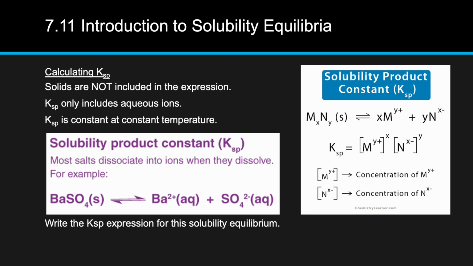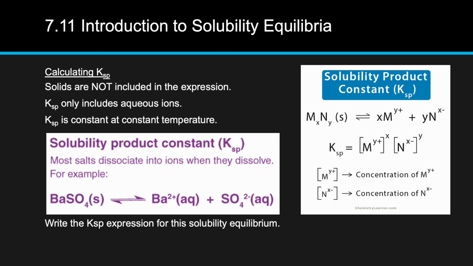So looking at this equilibrium that we're given, BaSO4, or barium sulfate, is going to be put in water and it's going to be able to dissolve into its constituent ions, which are Ba2+ and SO4 2-. The question says to write the Ksp expression for this solubility equilibrium.